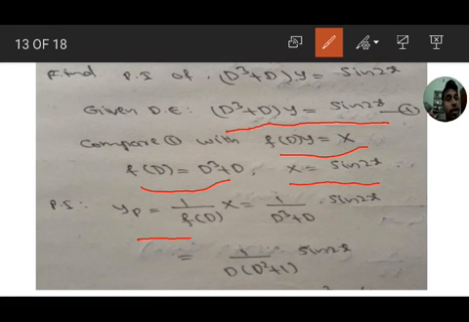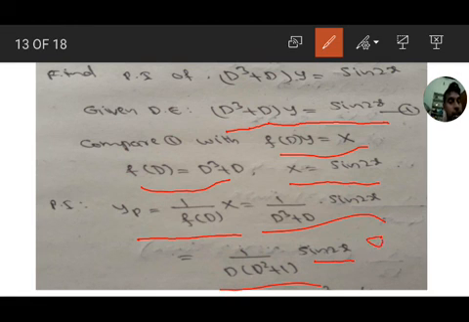So the particular integral is 1 by f of d capital X, that is 1 by (d cube plus d) sin 2x. So d is common, d into (d square plus 1) sin 2x. For sin ax, here a equal to 2, so we substitute minus a square, that is minus 2 square, minus 4, in the place of d square.